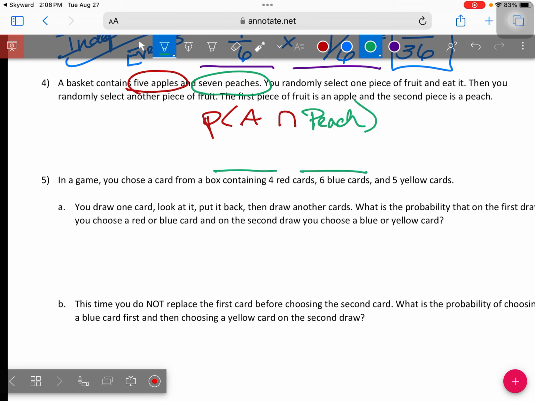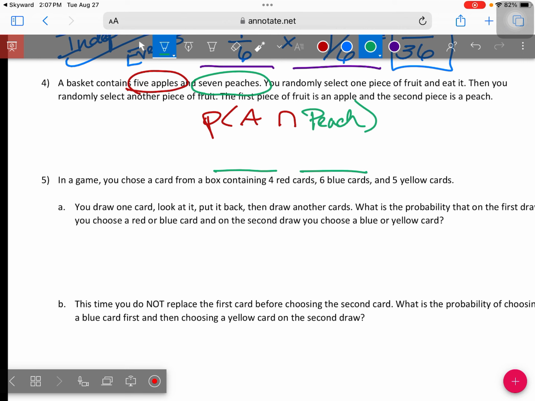So, probability of an apple. Brian, what do I need to find the probability of an apple? What do I need to find to get the probability of getting an apple on my first pick? How many pieces of fruit do I have all together in this nice basket? How many apples do we have?